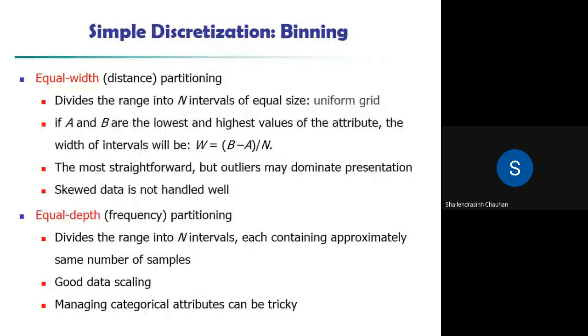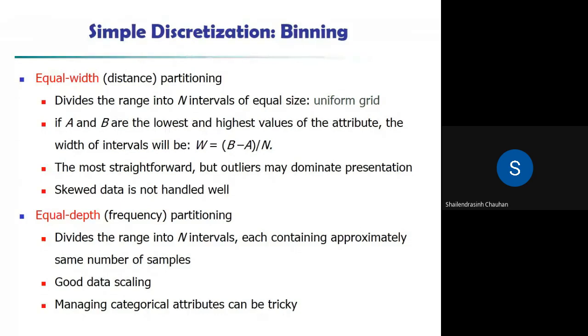Okay, so the second method we have seen till now is equal depth or equal frequency partitioning or binning. There we divide the range into n number of intervals, and each interval or each bin, each partition contains approximately the same number of samples or values. That is a good data scaling method, but managing different categorical attributes can be tricky with this kind of method.